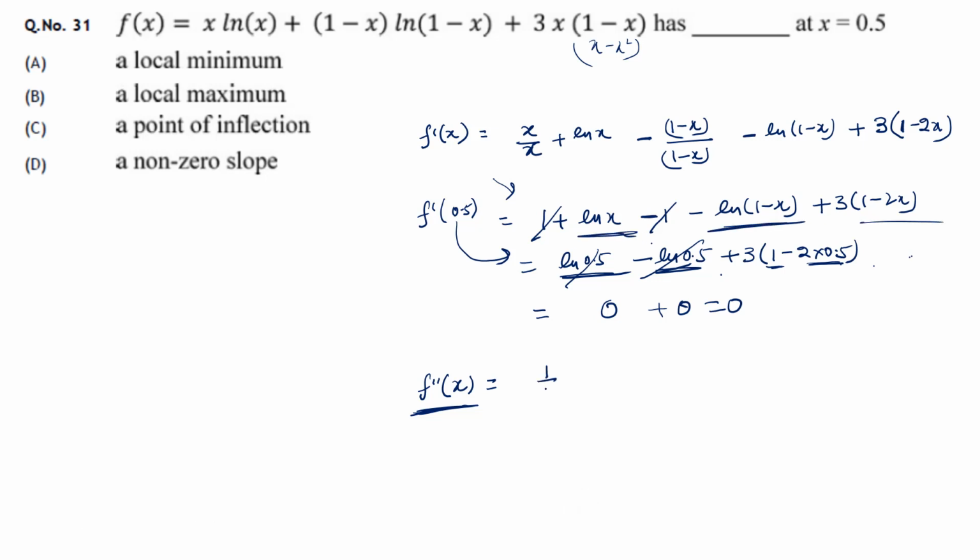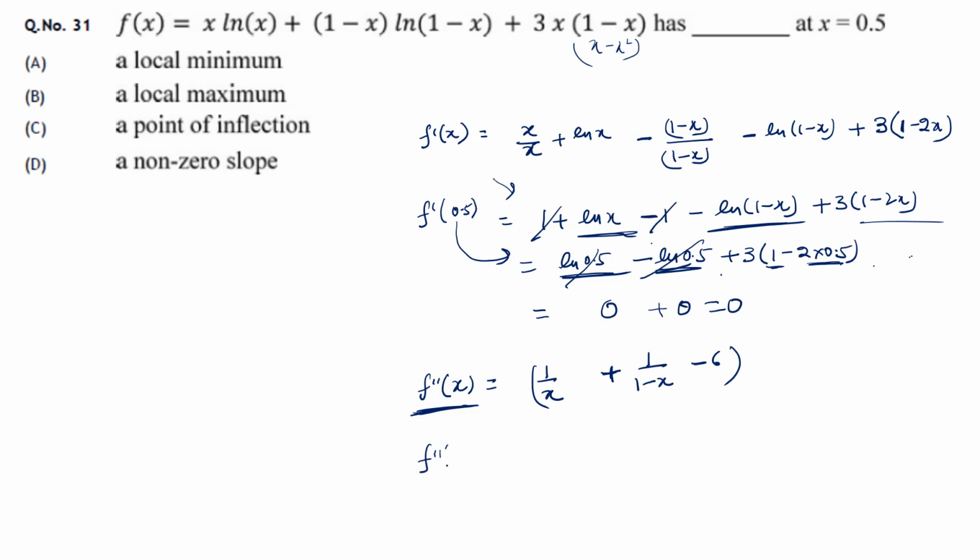So it will be like 1 by x minus (1 minus x), so 1 minus x differentiation is minus 1, so it will be here plus, then plus, it will be 3, then 0 minus 2, so minus 6 it will be, right? So here it will write minus 6.